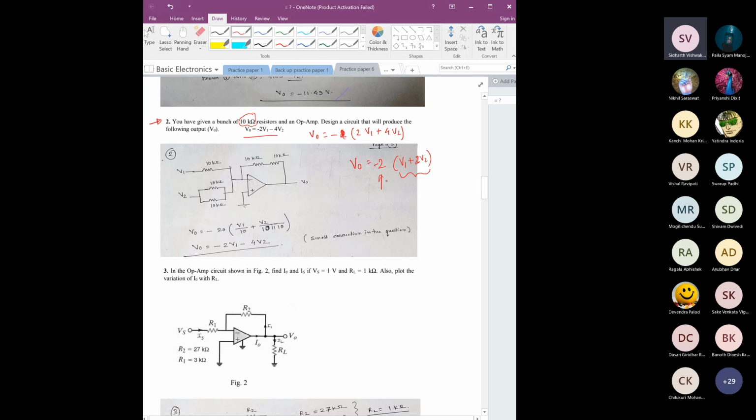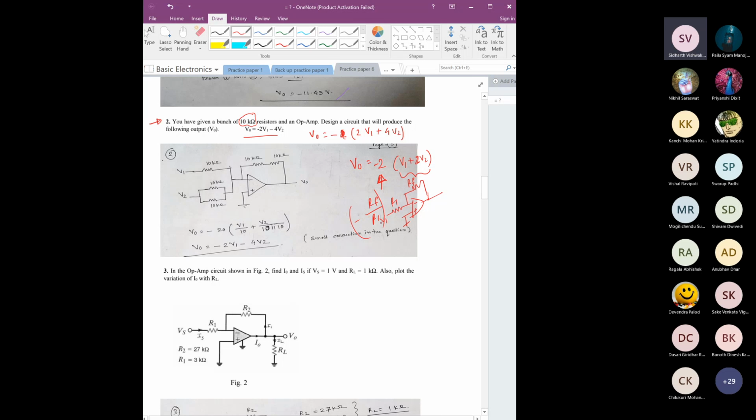Okay. So to get a gain of minus 2 for an inverting amplifier, the gain is basically minus RF by R1. You know that, right? For the inverting configuration, the gain would be minus RF by R1.